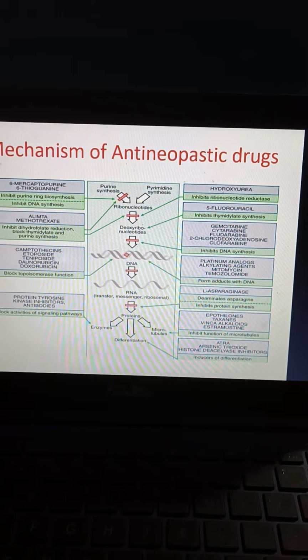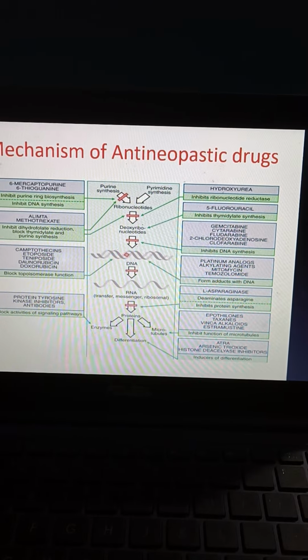Then coming to cell cycle non-specific agents. Alkylating agents, for example altretamine, bendamustine, busulfan, carmustine, chlorambucil, cyclophosphamide, dacarbazine, lomustine, mechlorethamine, melphalan, temozolomide, and thiotepa. The anthracycline group, for example daunorubicin, doxorubicin, epirubicin, idarubicin, and mitoxantrone.